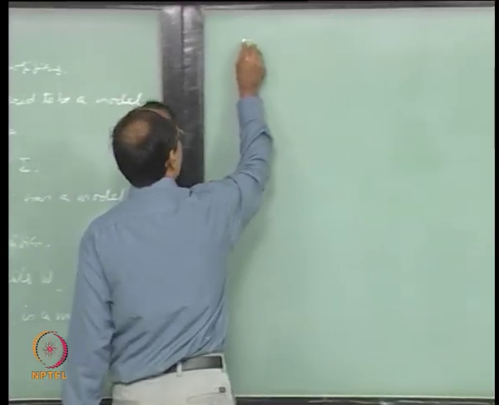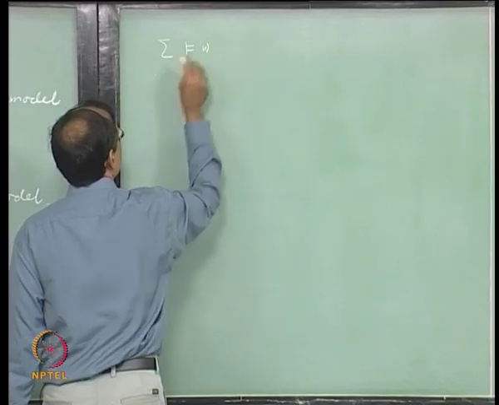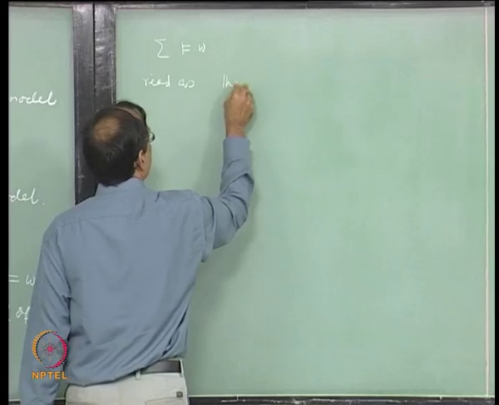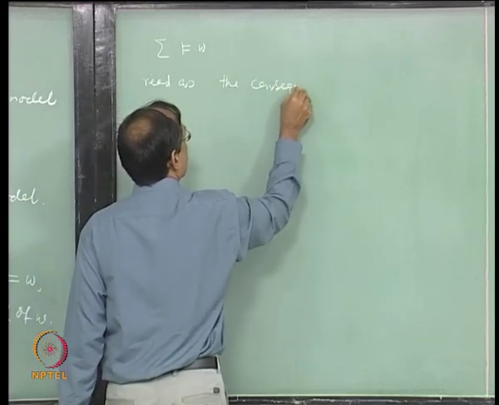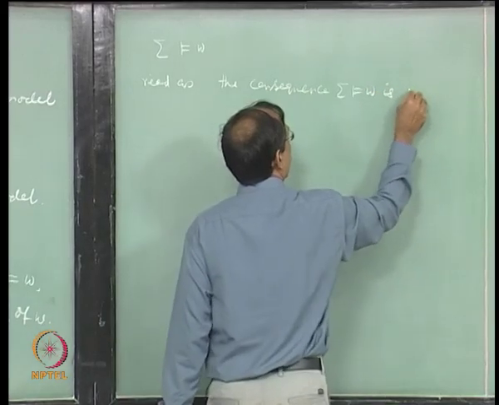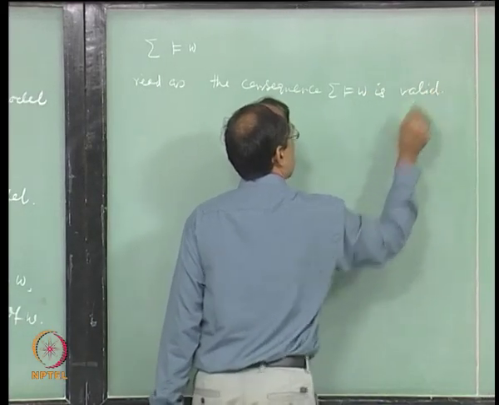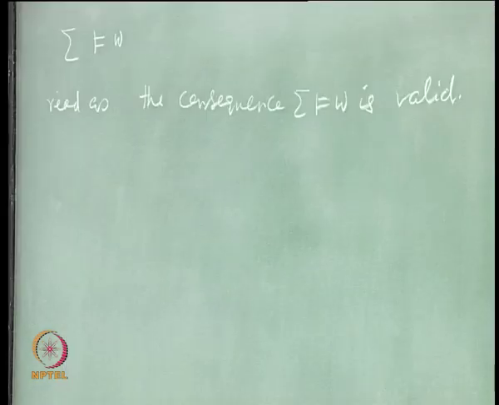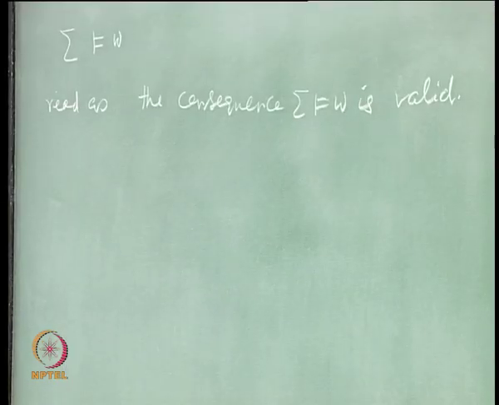So, whenever sigma entails W we also read it as the consequence sigma entails W is valid. There is a philosophical overturn, so that creates a problem, because we are not defining what a consequence is, we are defining only validity of a consequence.